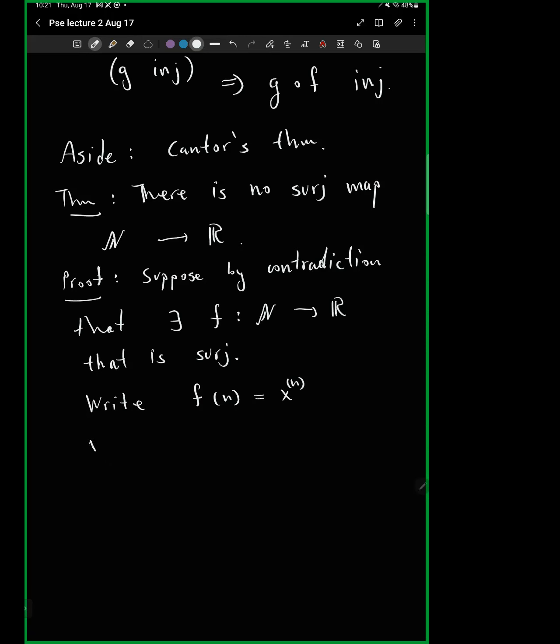Then I can write x_n to be x_1n dot x_2n, x_3n, and so on, where x_1n is some integer, and all the rest of the x_in, so for any i bigger than 1, x_in is a digit.